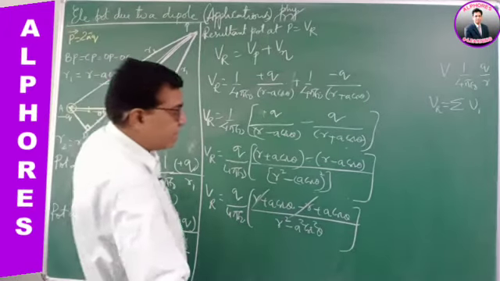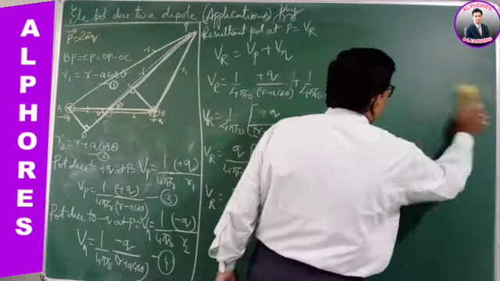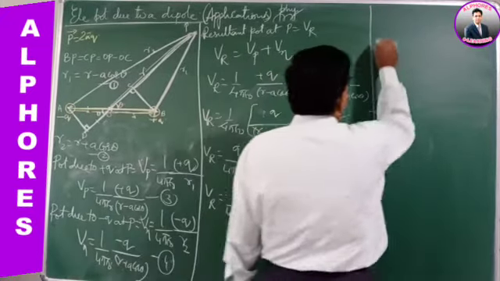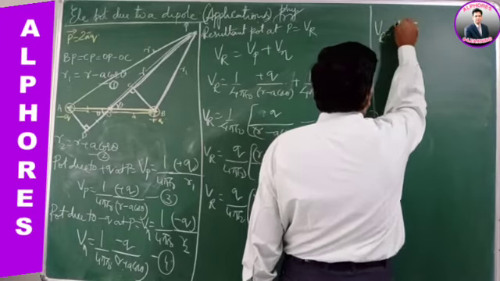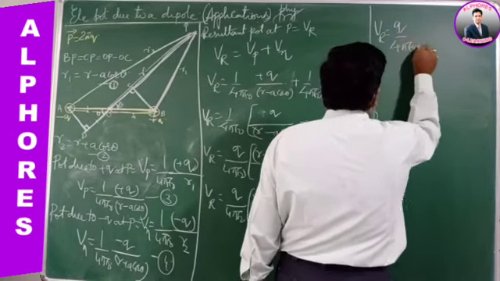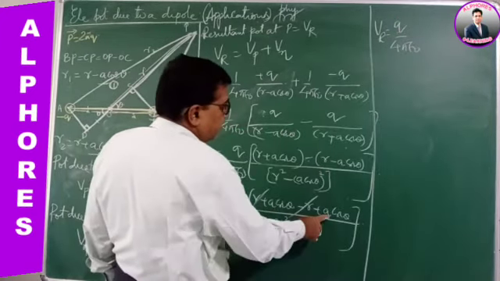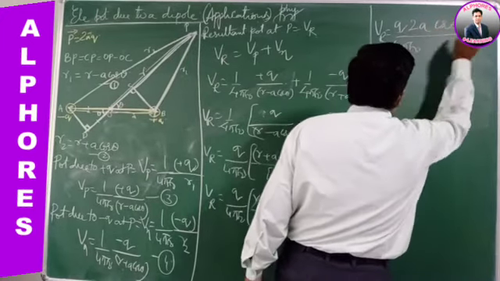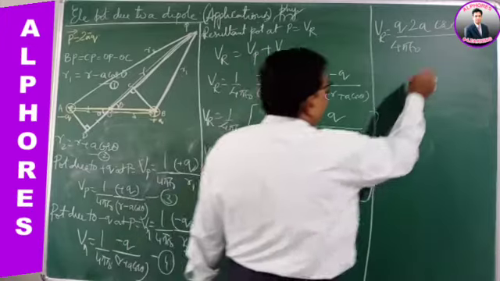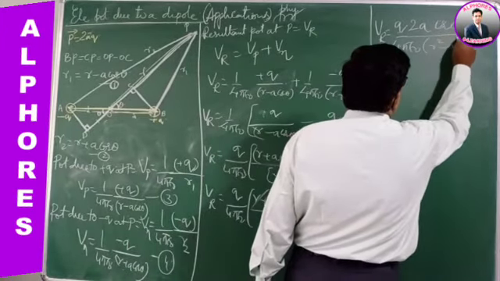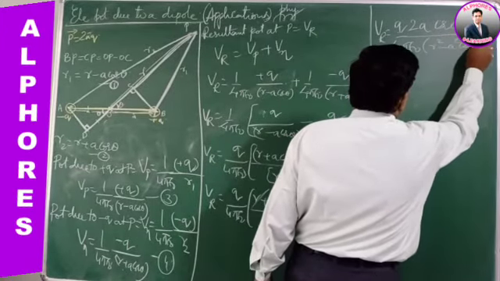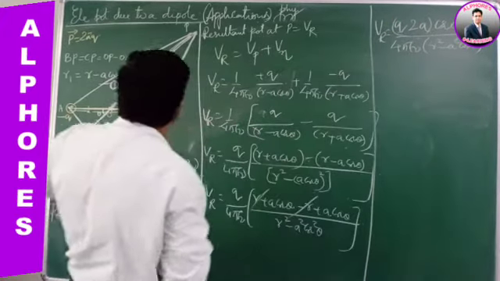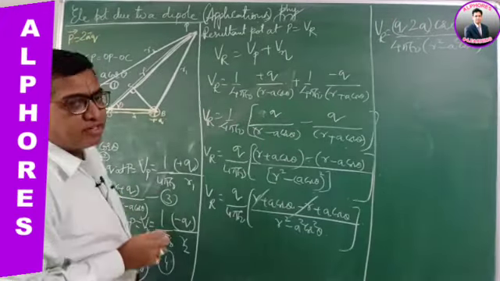Then I'll get the resultant potential VR equal to Q by 4 pi epsilon naught. This is A cos theta plus A cos theta, it's 2A cos theta by R square minus A square cos square theta. But I have already stated 2AQ is the dipole moment of the dipole.